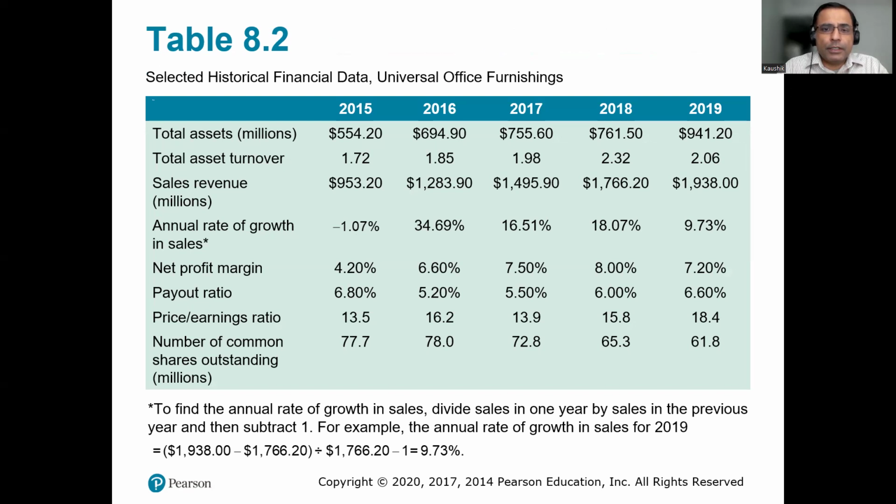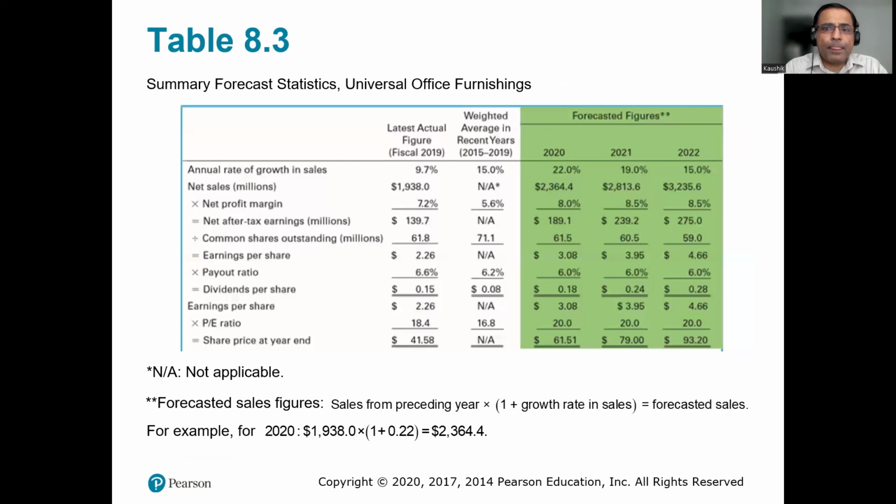So this is an example of how we have calculated the price for different P/E ratios for different years. Based on historical trends, we can create the common size statement. We start with the expected growth rate in sales. Based on that, we create the common size statements, so we have the net sales for future years.